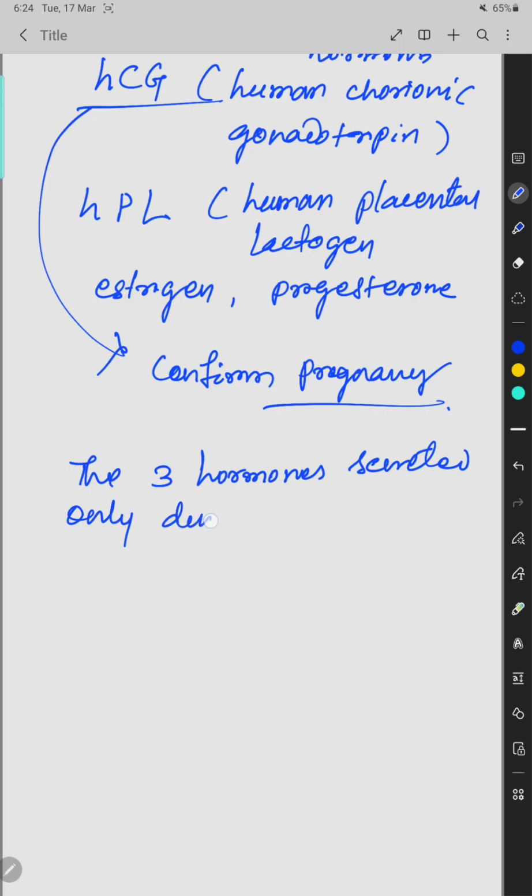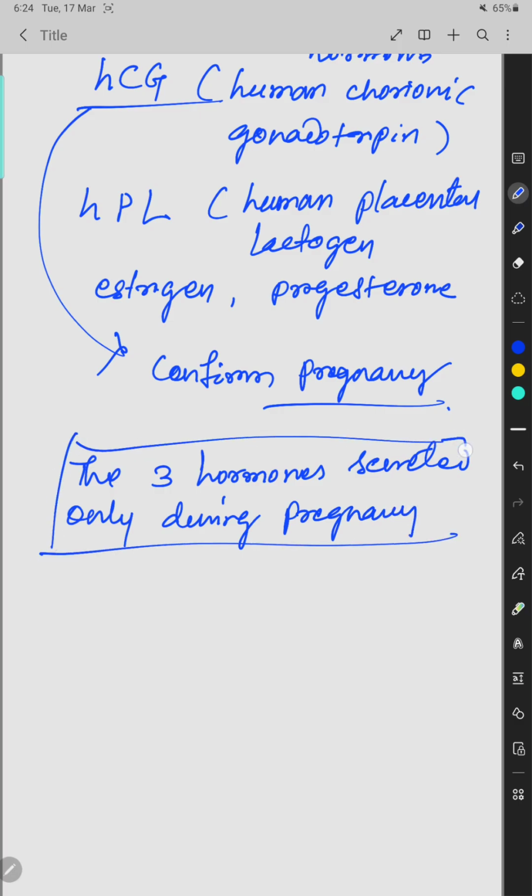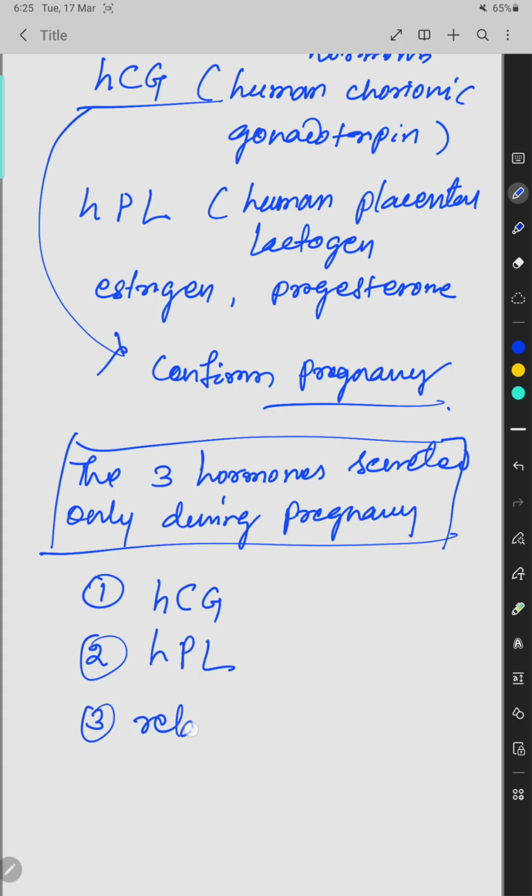only during pregnancy. इसमें आप अक्सर कंफ्यूज हो जाते हो और सारे हार्मोन का नाम लिख देते हो, बिकॉज आपके बुक में बोल्ड लेटर में दिया हुआ है HCG, HPL, एस्ट्रोजन, प्रोजेस्टेरॉन. अरे एस्ट्रोजन एंड प्रोजेस्टेरॉन तो हर मेंस्ट्रुअल साइकिल में रिलीज होता है, बट कौन सा हार्मोन सिर्फ प्रेगनेंसी में रिलीज होता है? रिमेंबर, वेरी वेरी इंपॉर्टेंट, दैट इज HCG, you know the full form, then HPL, and third one is relaxin.